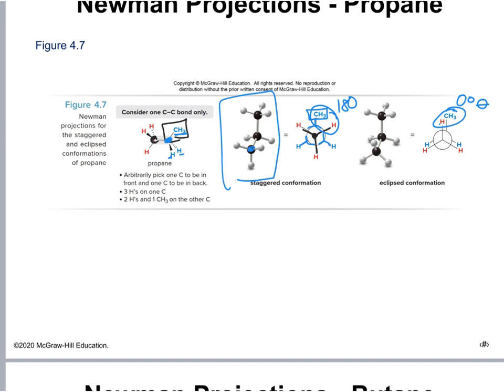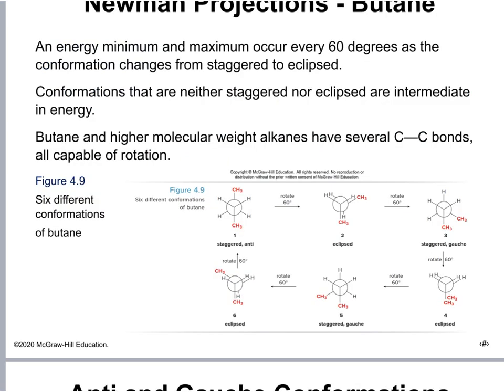Now, hydrogen is interacting with CH3. This is still not that big of a deal for the eclipsed, but what if your hydrogen became a CH3 itself? That's what we're going to look at when we see butane. And so that's what butane is, and we start really seeing more of a difference between the staggered and eclipsed.